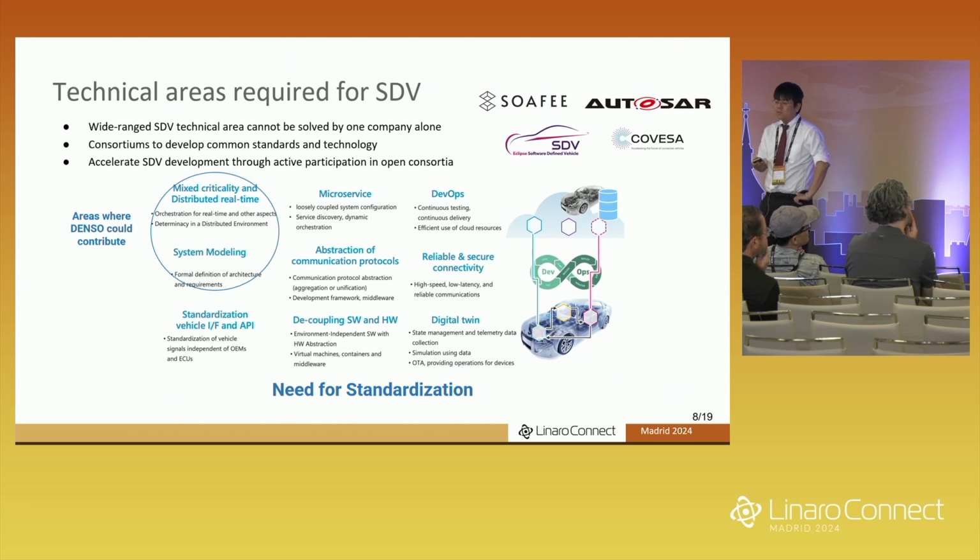And for example, there are some technologies that come from the IT or IoT industry, the microservice or DevOps, digital twin, and so on. And of course, there's virtualization or some standardization of vehicle interface and vehicle API.